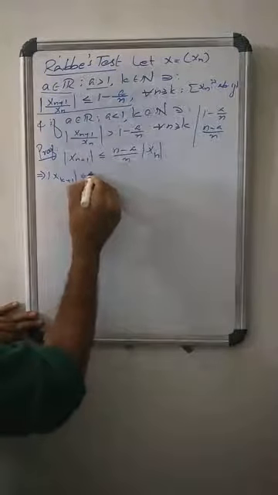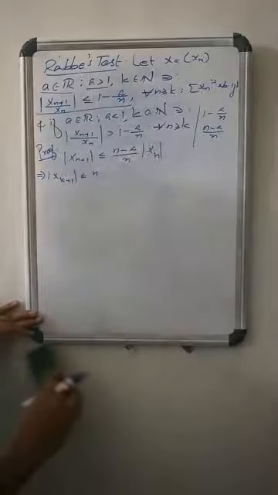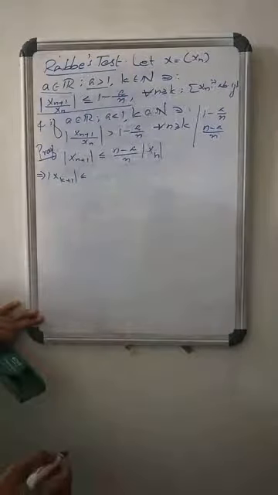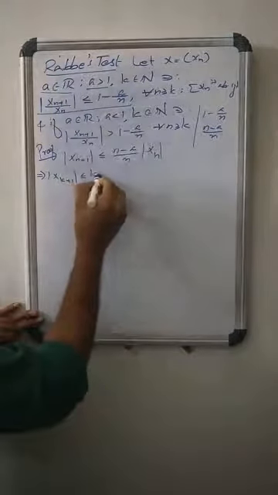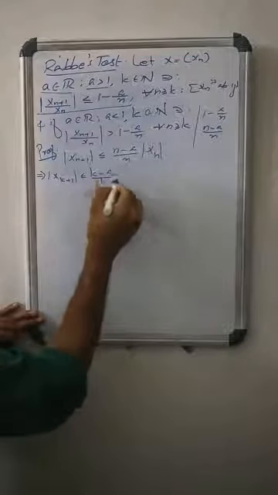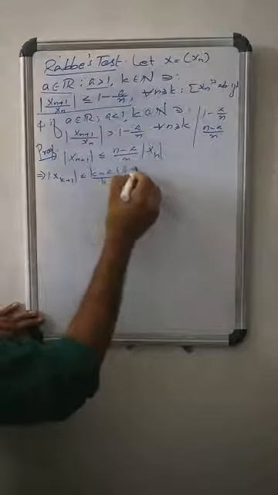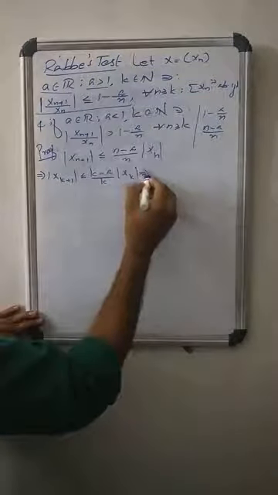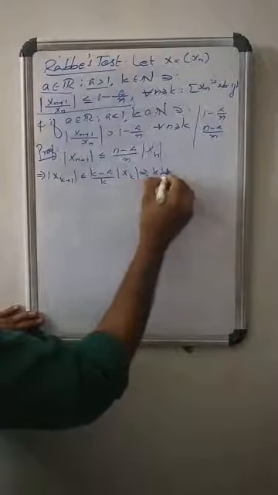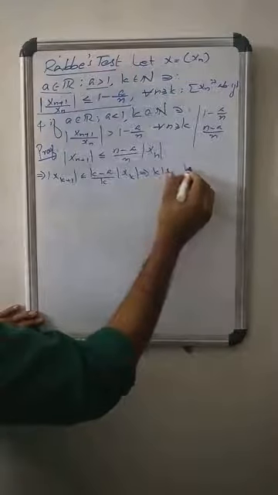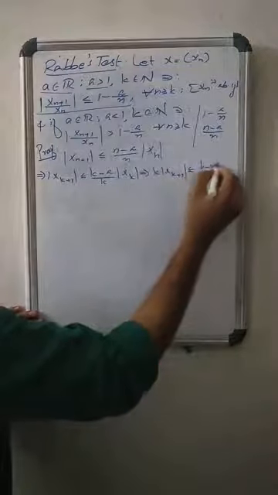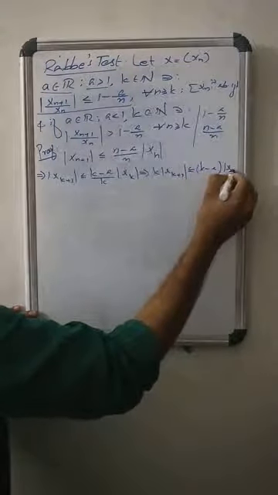So modulus of xk plus 1 less than or equals k minus a by k into modulus of xk. That means k into modulus of xk plus 1 less than or equals k minus a into modulus of xk.